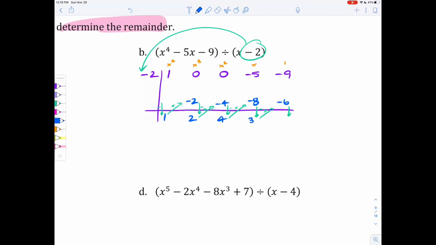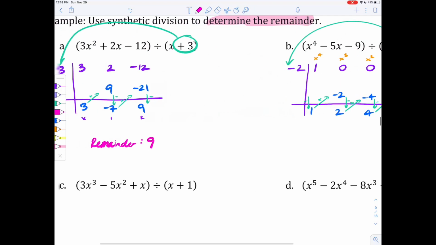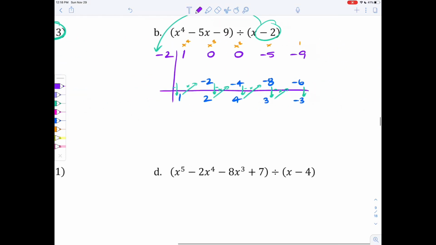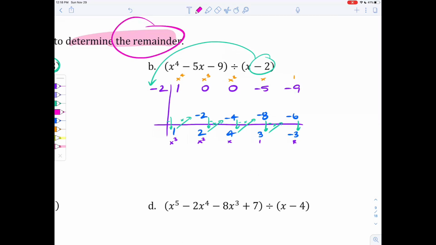Negative 9 minus negative 6 is negative 3. And as a reminder, this is the remainder. This is how many 1s, this is how many x's, how many x squared, and how many x to the 3's. For this question, all we're concerned with is the remainder. That's all that was asked of us. So we can say that the remainder is negative 3.